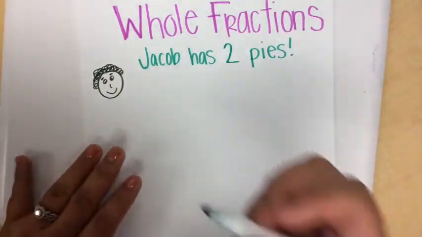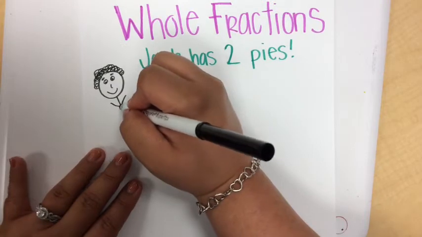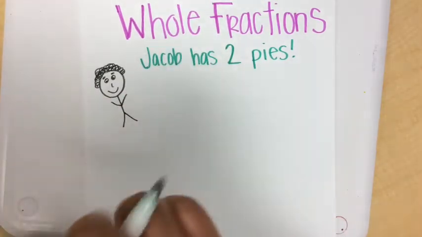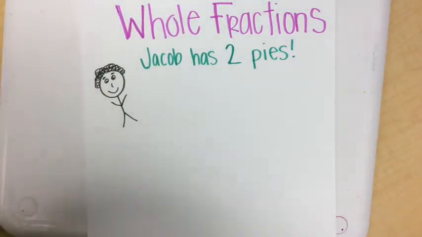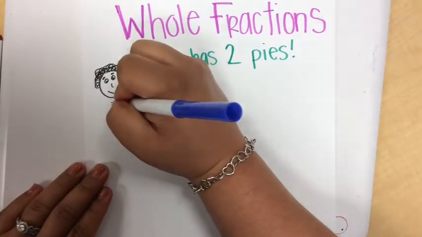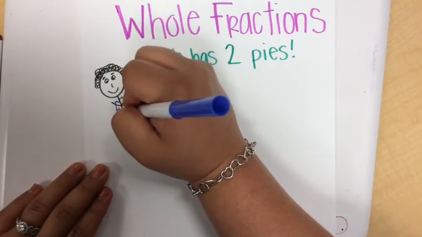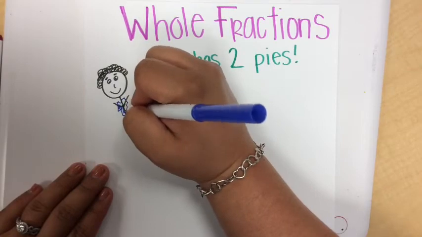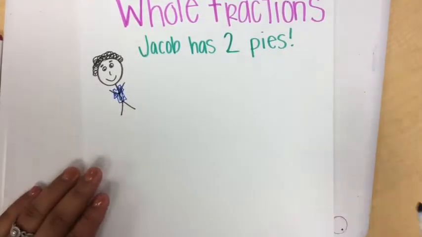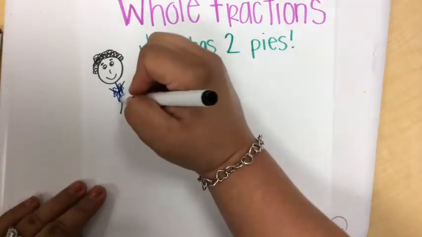So there's Jacob. Let's see, he's in a blue shirt. Can we draw that too? Yeah, you can draw it too. And then we'll just put you in some black shorts, Jacob.